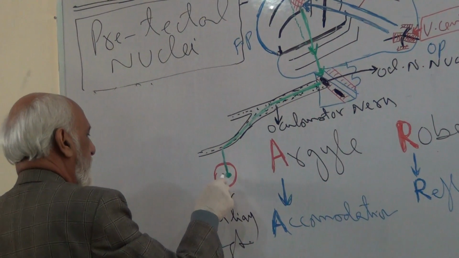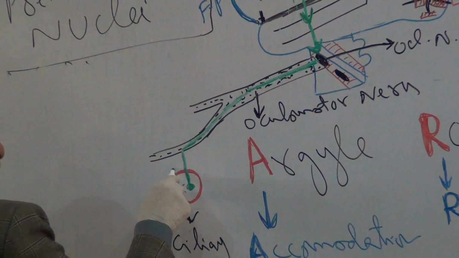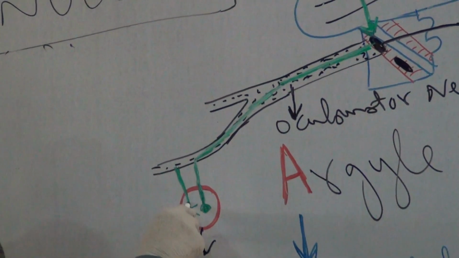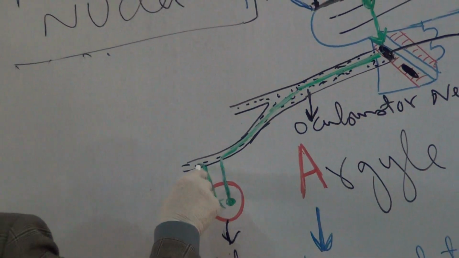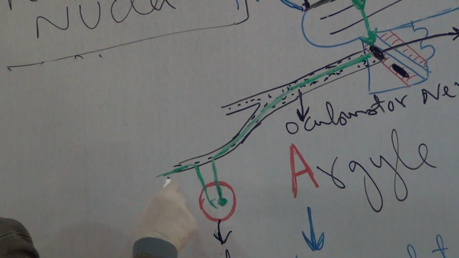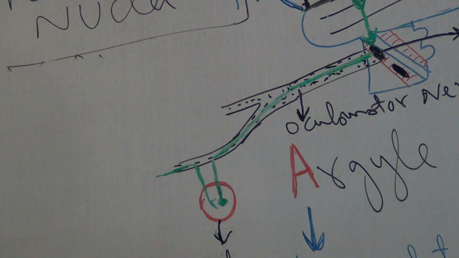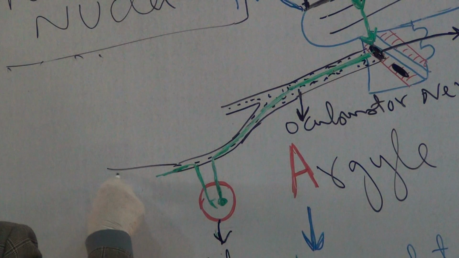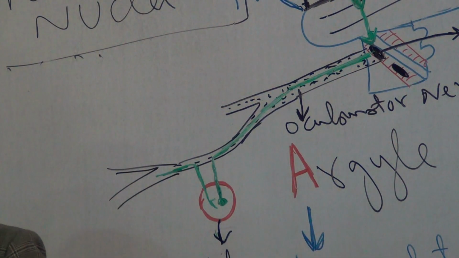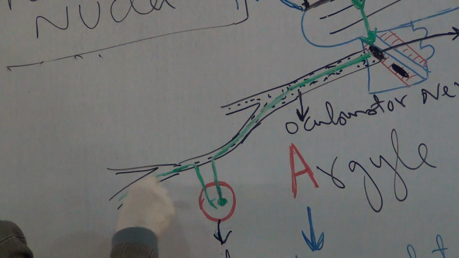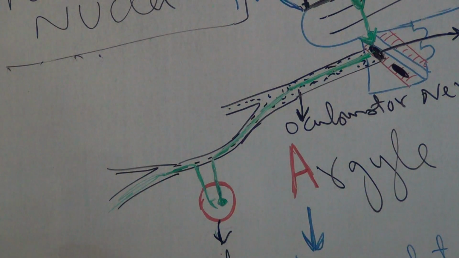Now from the ciliary ganglion, postganglionic fibers arise which again enter the oculomotor nerve, pass through its branches, the short ciliary branches. The postganglionic parasympathetic fibers pass through the short ciliary nerves and enter the eyeball.